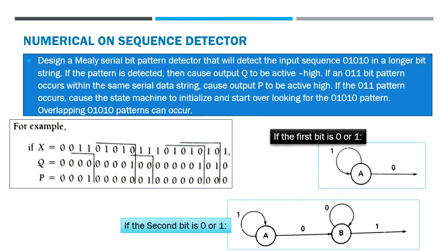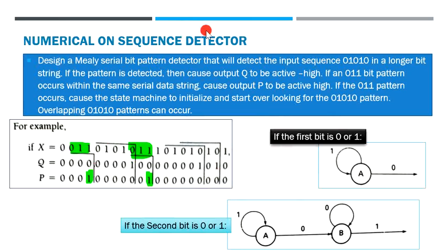So from the question, what we understand is that if a pattern 0 1 1 is detected, then P is supposed to be high. So 0 1 1, P is high. Similarly, you have a pattern of 0 1 1 here and P is equal to high.